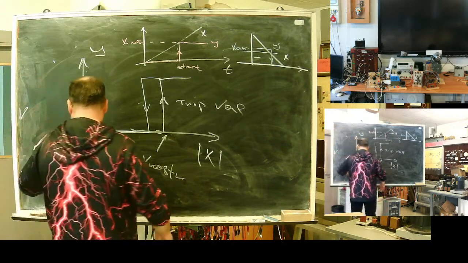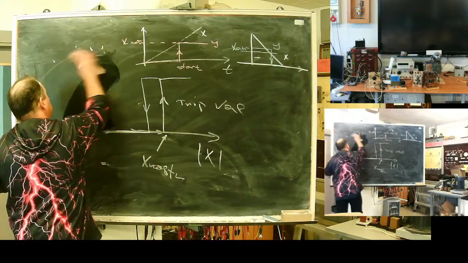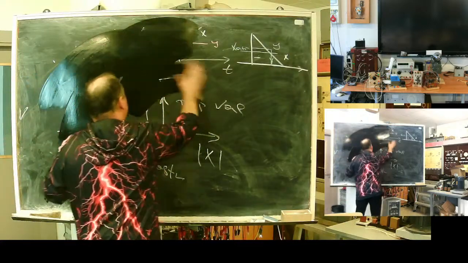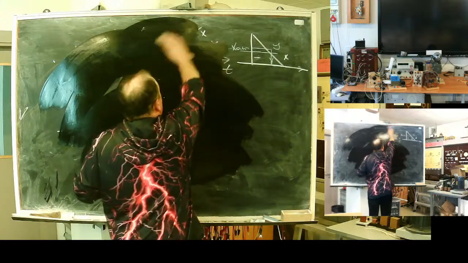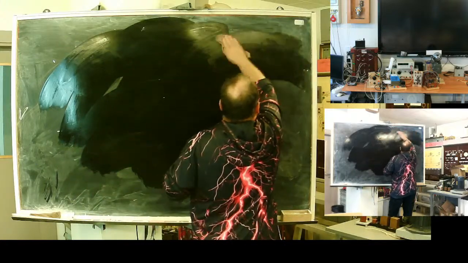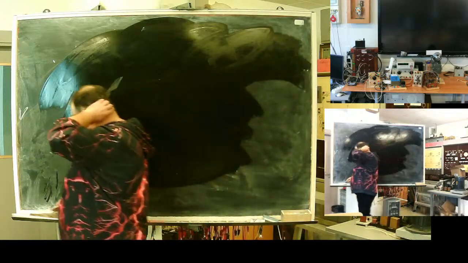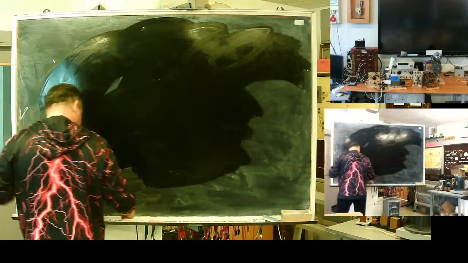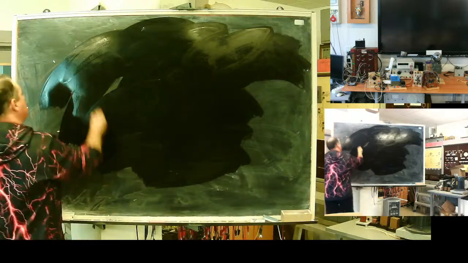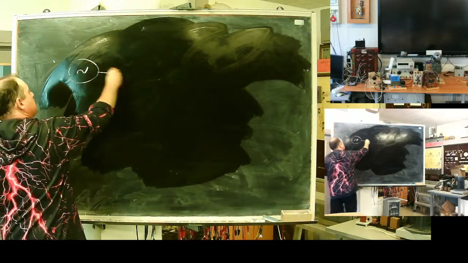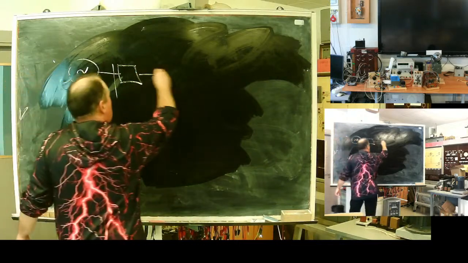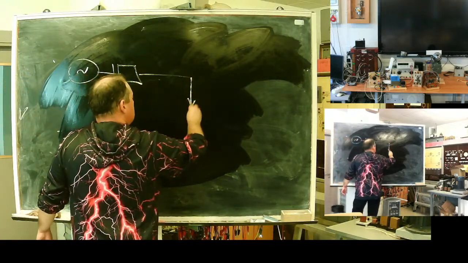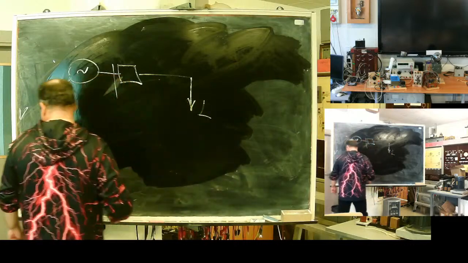Now, I need another object. For a short time, I will assemble a very simple network. Network like I have a source, I have a power switch, and load.